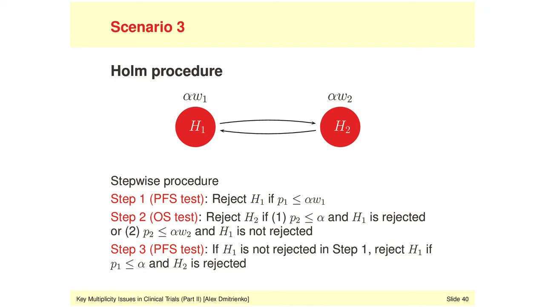In this case, we're going to go back to the hypothesis H1, and we can reject it if the corresponding p-value P1 is less than or equal to alpha. This is again one of the important features of alpha propagation. Every time we can reject a null hypothesis, the significance level used in that test is going to be carried over to the other hypothesis, provided of course it was not rejected.